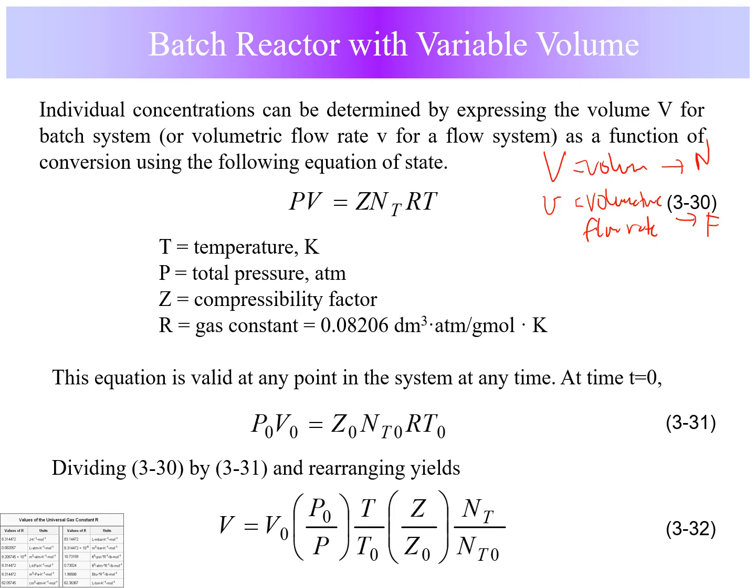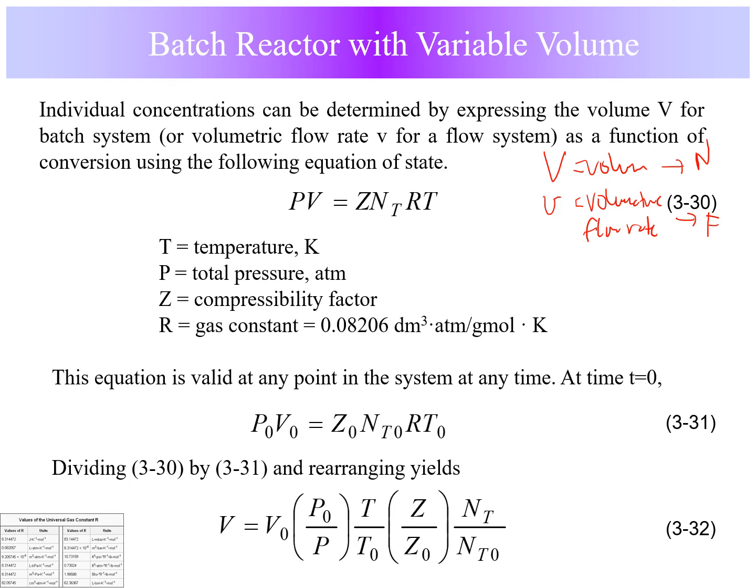But for the variable volume, we will consider the compressibility factor. So PV is equal to Z NT times R times T. So the unit of the T and the P depends on the R.